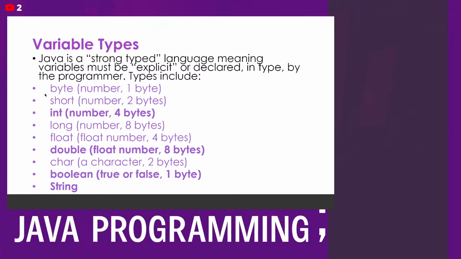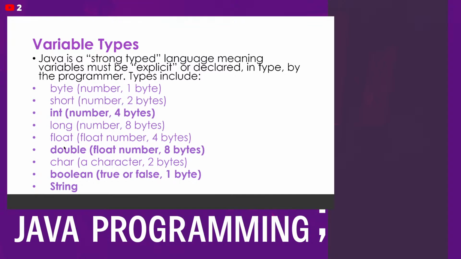For our purposes, we have a bunch of different variable types here, but really the only ones we'll ever need to use are the ones that we have here in bold. There might be an instance where we need a long instead of an int. But in most instances, an int is going to work.